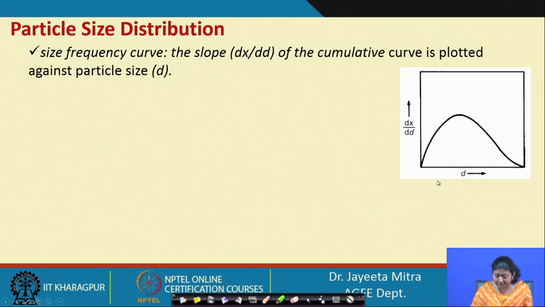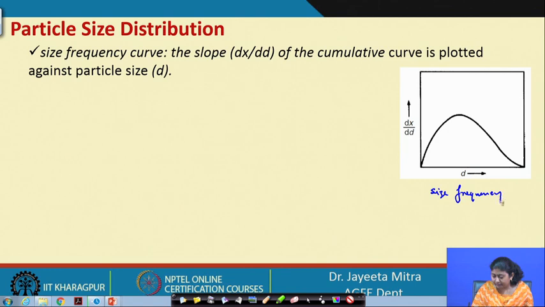It is the slope dx by dd of the previous curve, the cumulative fraction against the particular size d. So, the slope of that curve, plotted with respect to the particular size, gives this curve, which is called the size frequency curve.